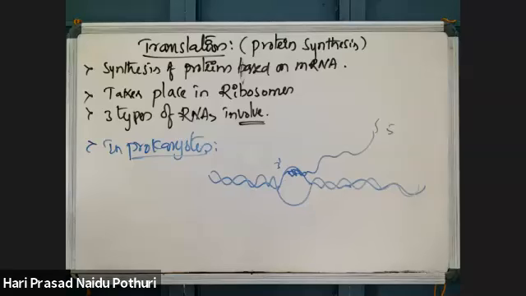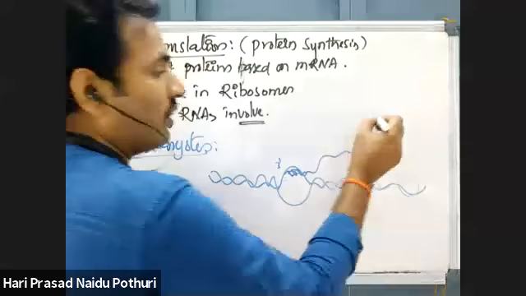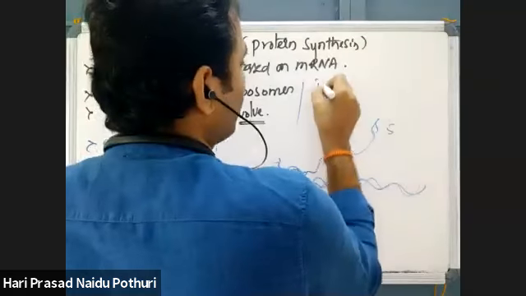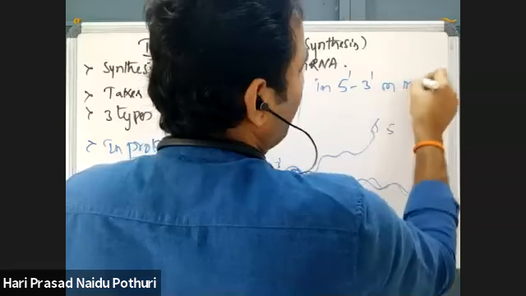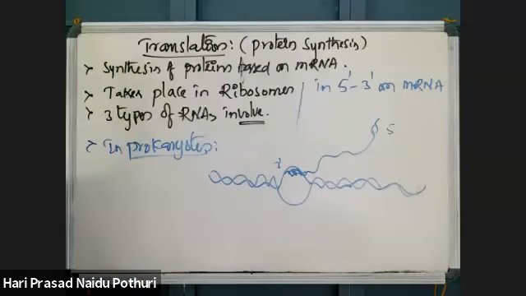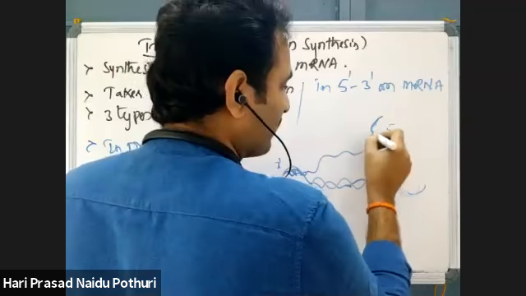Here there is synthesis of the RNA molecule, and translation takes place in 5' to 3' direction on mRNA, because mRNA has the genetic code. Genetic codes are present on mRNA, so on those genetic codes in the 5' to 3' direction, there is synthesis.